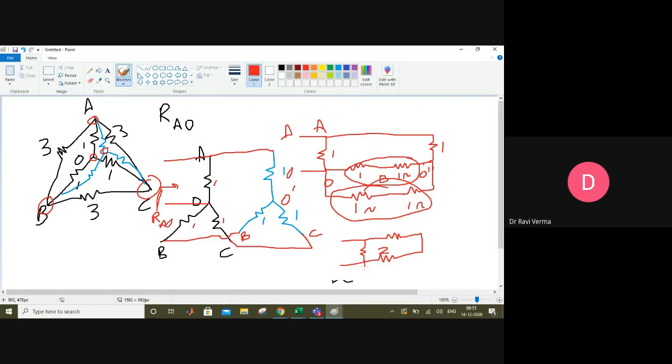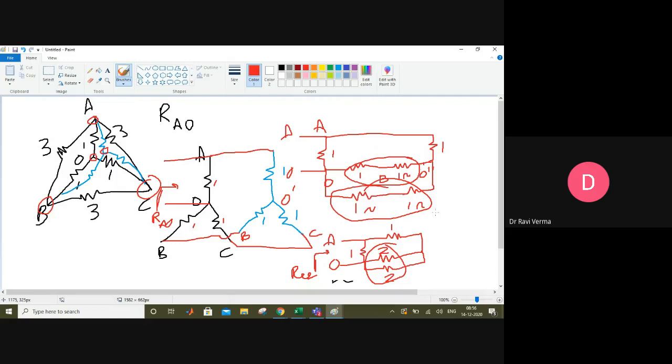And this is also one more resistance of 2 ohm. And this is 1 ohm. And this is also 1 ohm. This is A. This is O. And this is RAO. Correct? So 2 ohm and 2 ohm, these two things are in what?